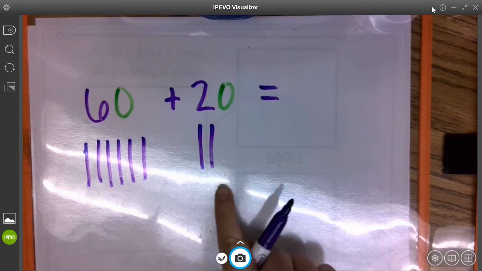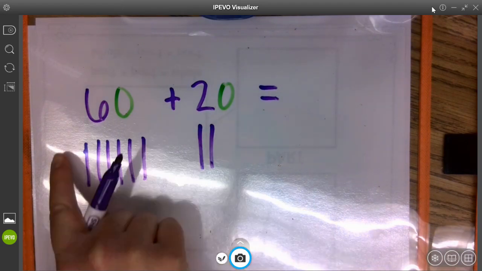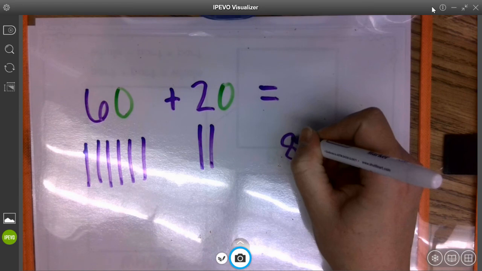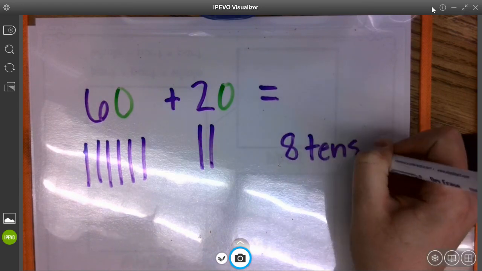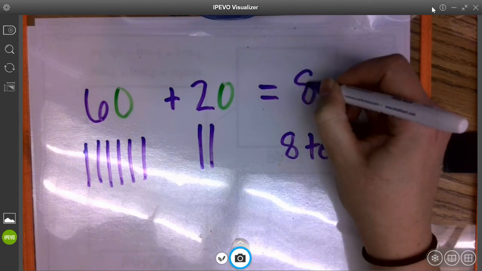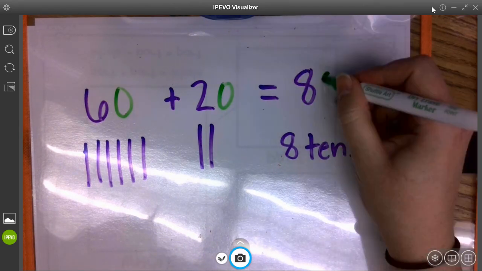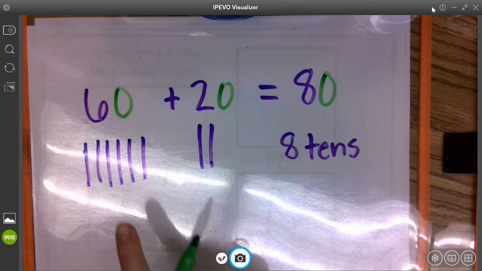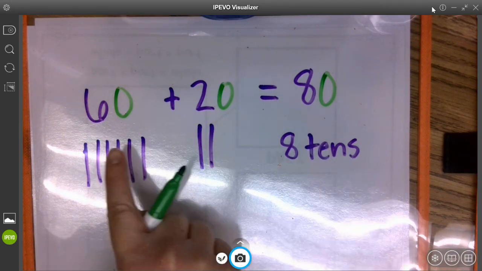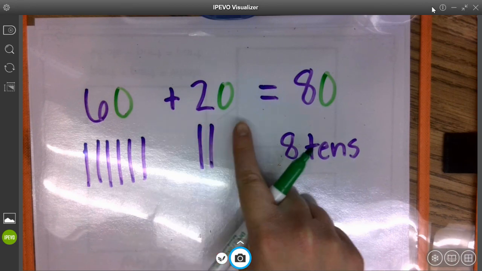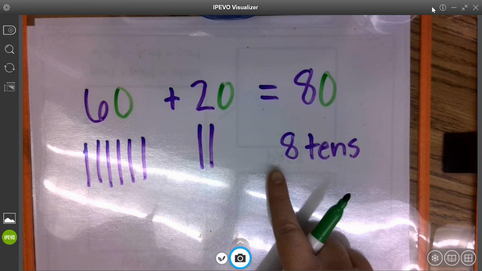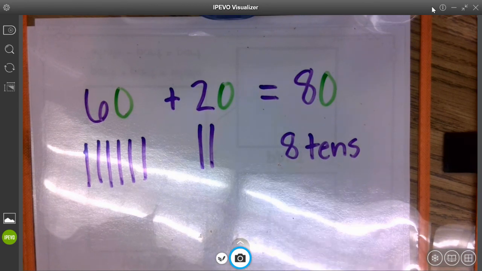Equals, how many tens do I have? 6, 7, 8 tens, which is 80. 6 plus 2 equals 8. 60 plus 20 equals 80. 6 tens and 2 tens equals 8 tens.